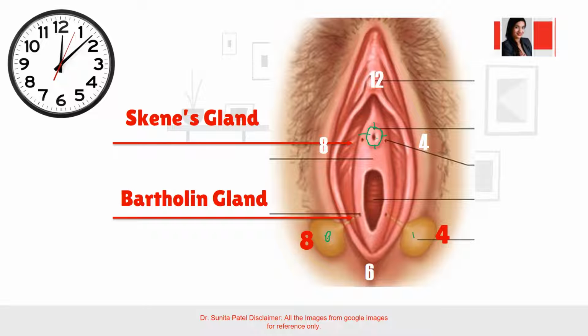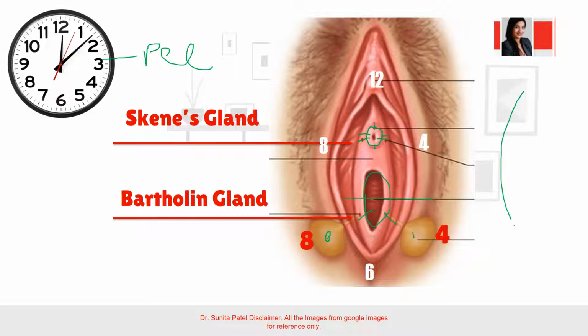So you can appreciate that at 4 o'clock and 8 o'clock of the urethra, the opening of Skene's gland is present. We call this the pelvic clock. If you put the clock over the vagina, in the same way we can see at 4 o'clock and 8 o'clock the openings of the Bartholin glands.